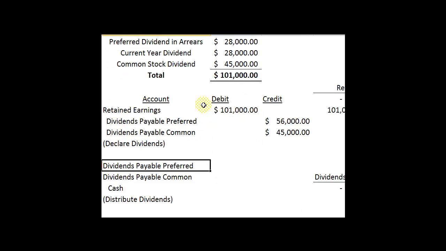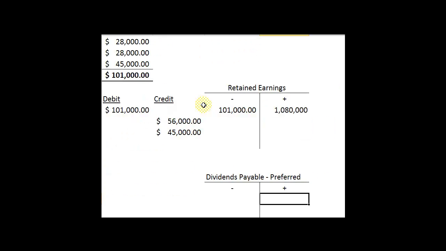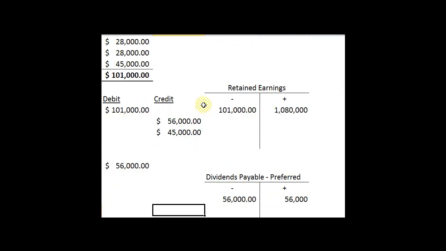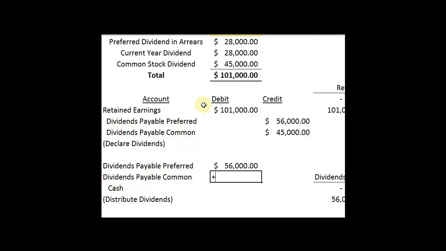Then when we go ahead and distribute the dividend, we would have preferred $56,000 that we owe, and we're going to pay it. So we debit the dividend payable. That would in essence wipe out the dividend that I show as owing for preferred, and I do the same thing for the common stock.